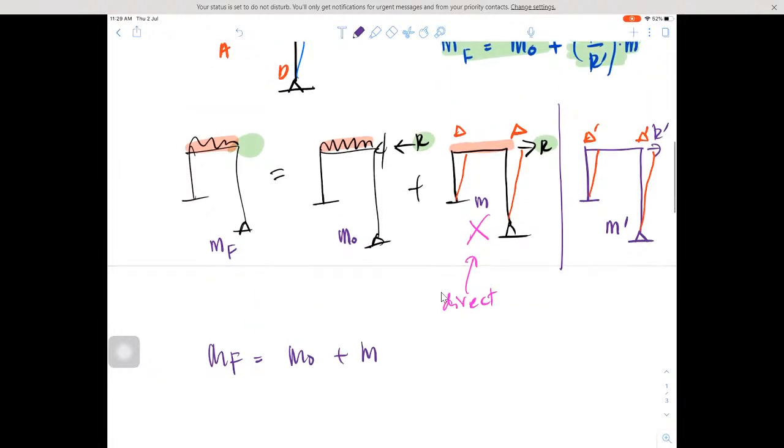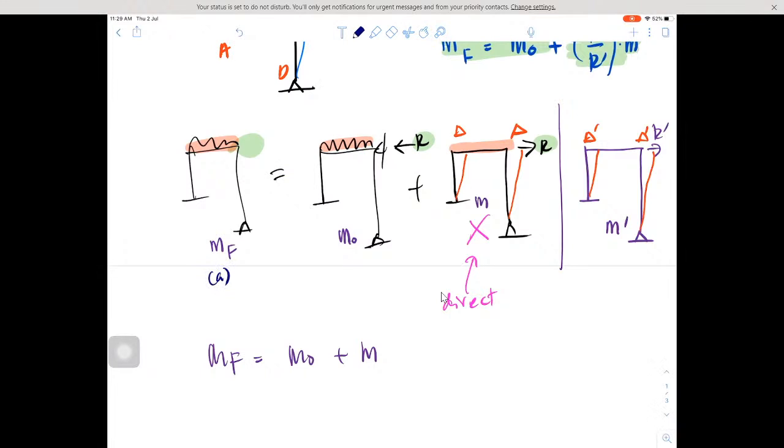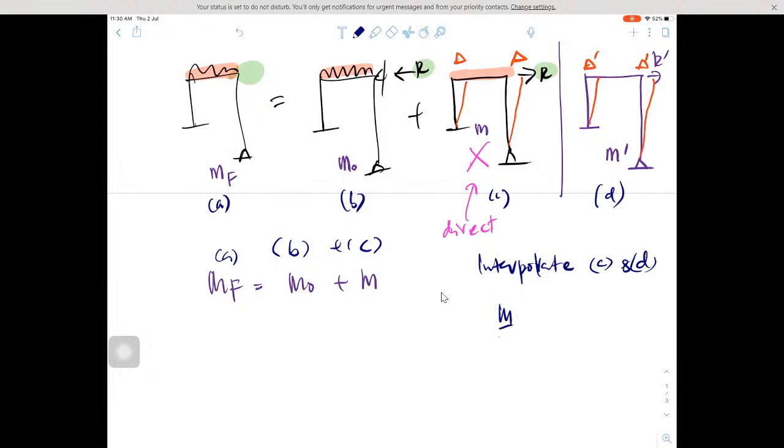So we interpolate. How many diagrams are here? We have A, B, C, D. A is equal to B plus C. Then we interpolate C and D, and we get M divided by R equal to M prime divided by R prime.